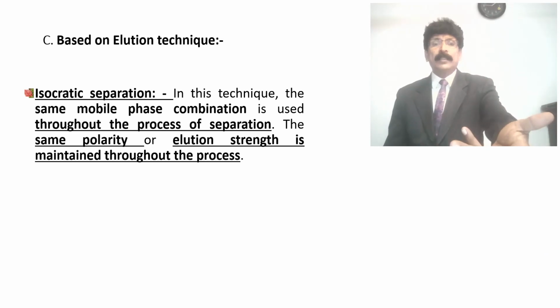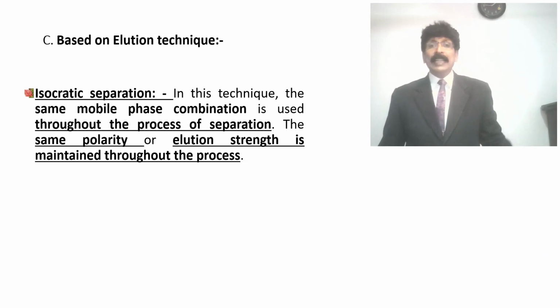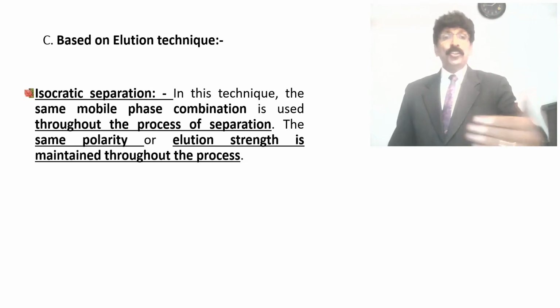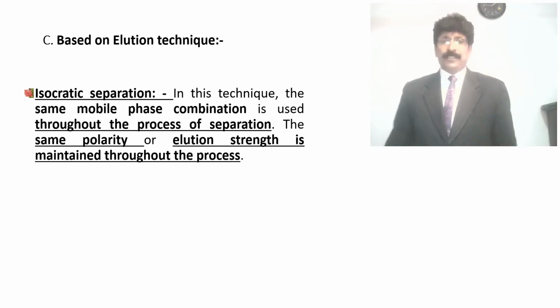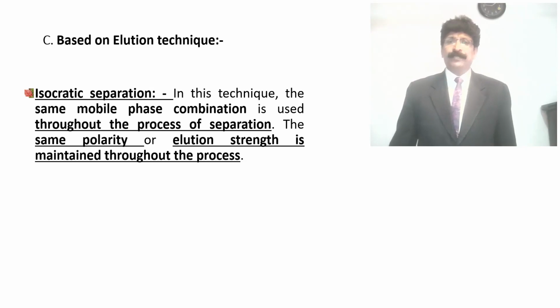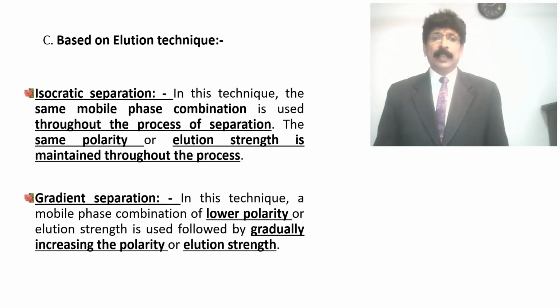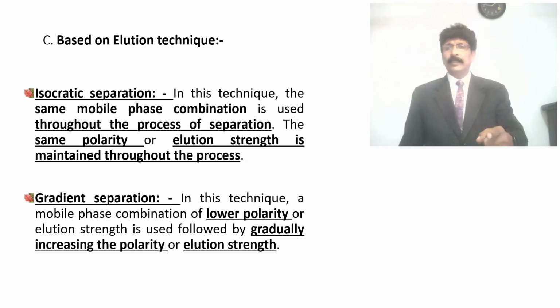Next, the types of HPLC based on elution technique. Elution, you know that, isocratic. In this technique, the same mobile phase combination is used throughout the process of separation in HPLC. The same polarity or elution strength is maintained throughout the process. Then it is called isocratic. Gradient, 2 solvents, 3 solvents, 4 solvents.